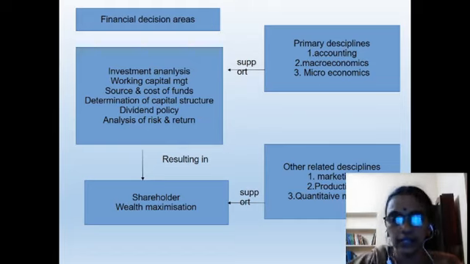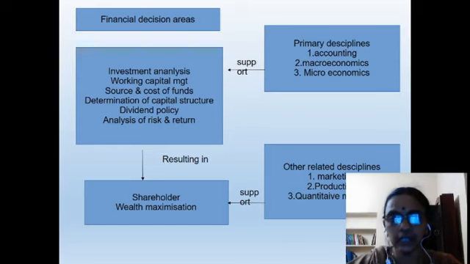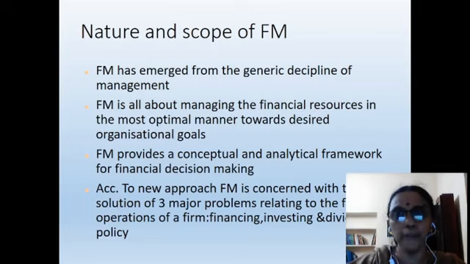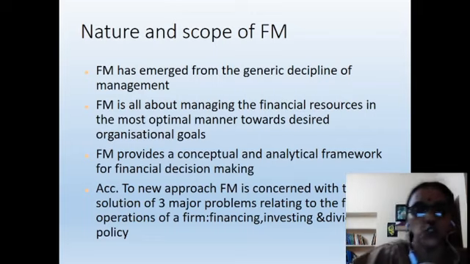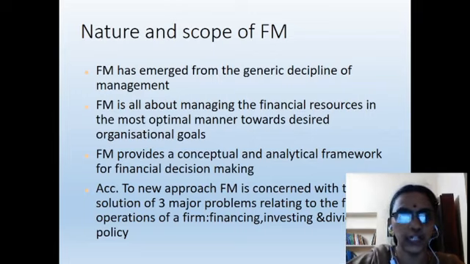So the other related disciplines depicted here are marketing, production, quantitative methods and other areas of financial management and the management aspects. So let us move on to now the nature and scope of management.